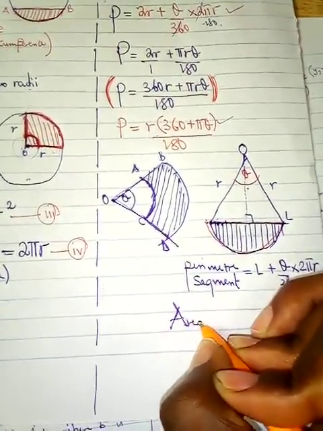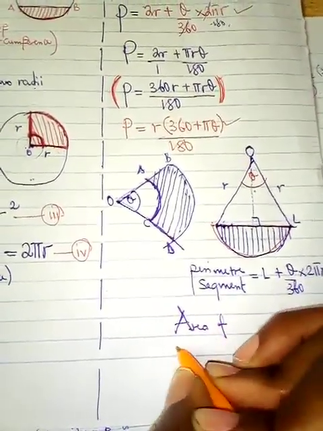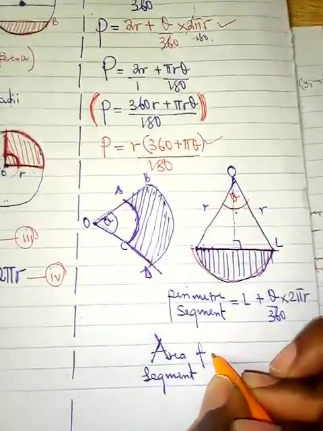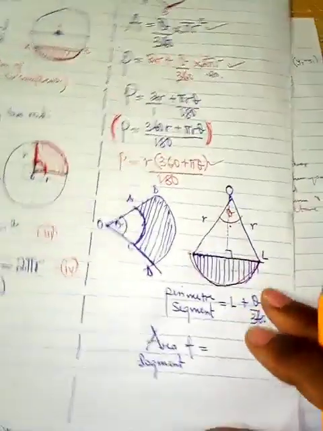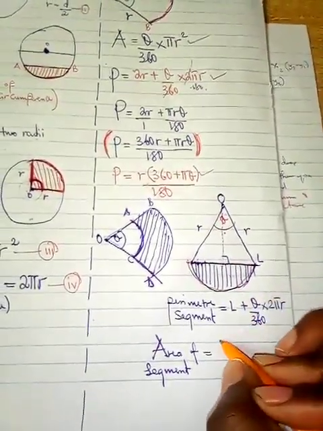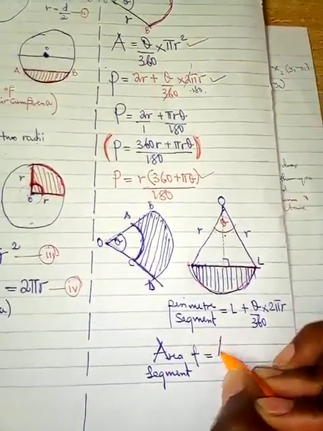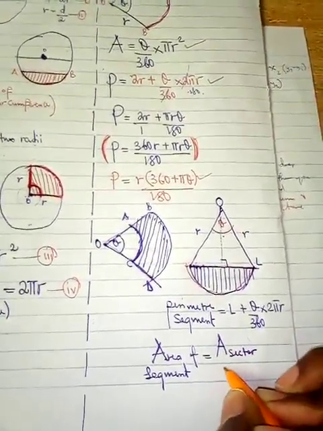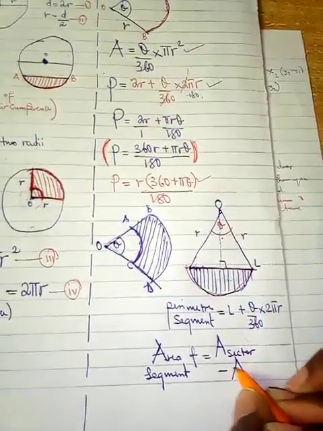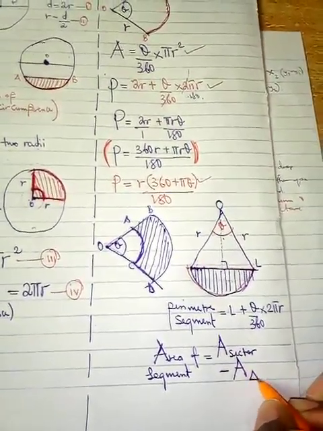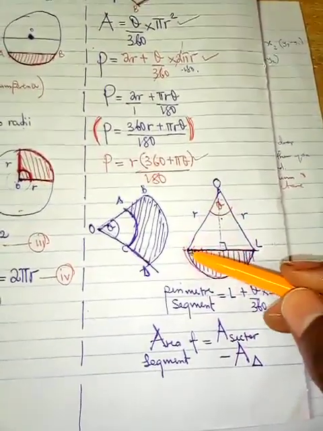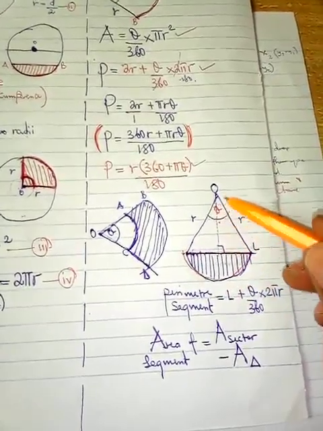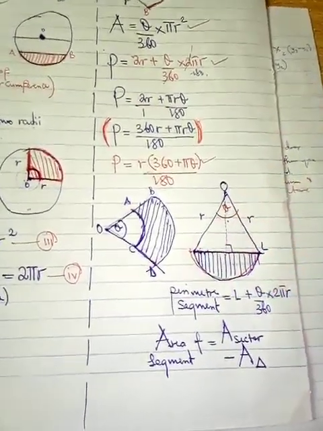The area of the segment will be equal to the area of the sector minus the area of the triangle. The area of the entire sector minus the area of this triangle that we have here.